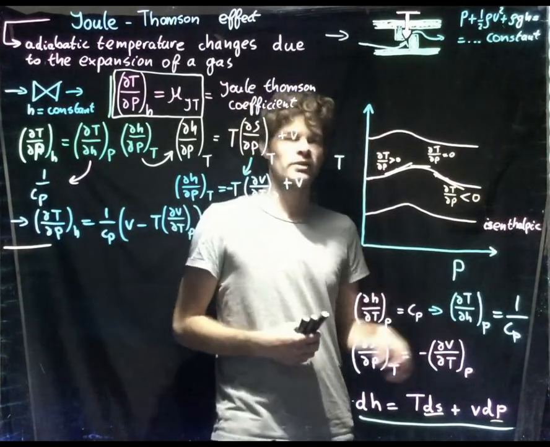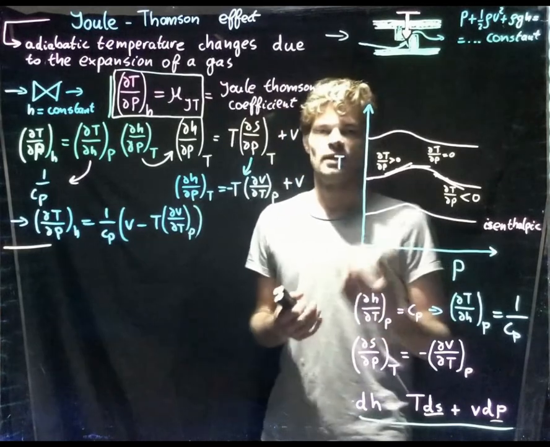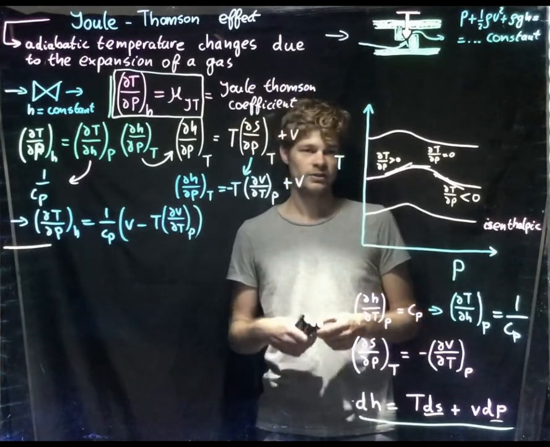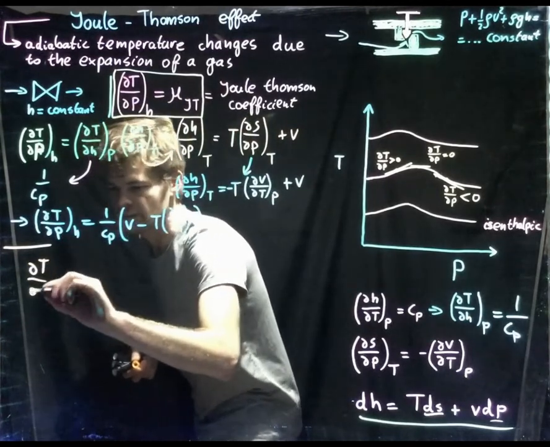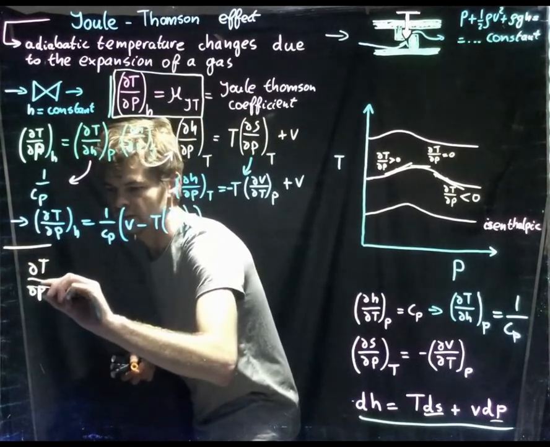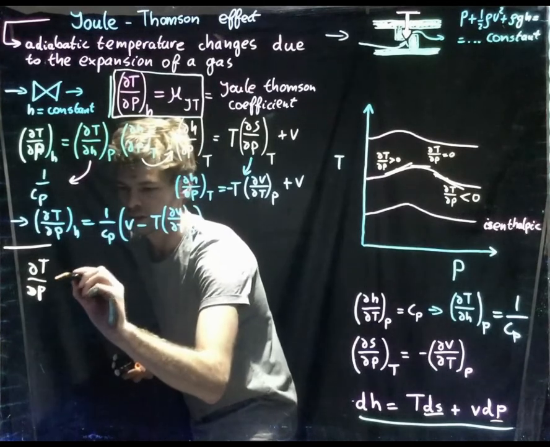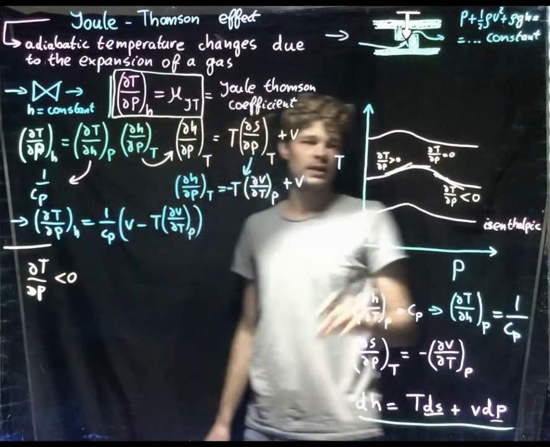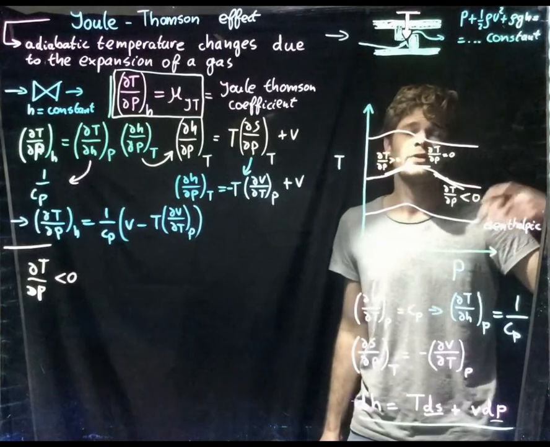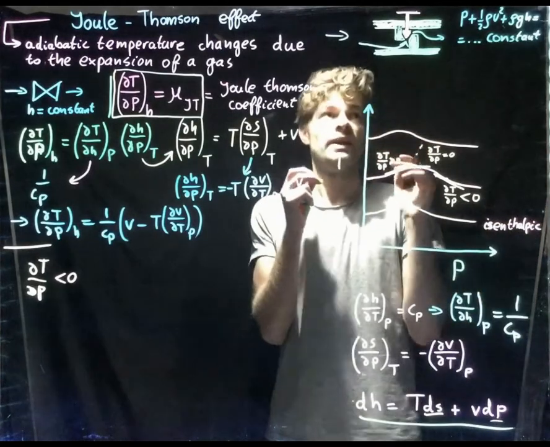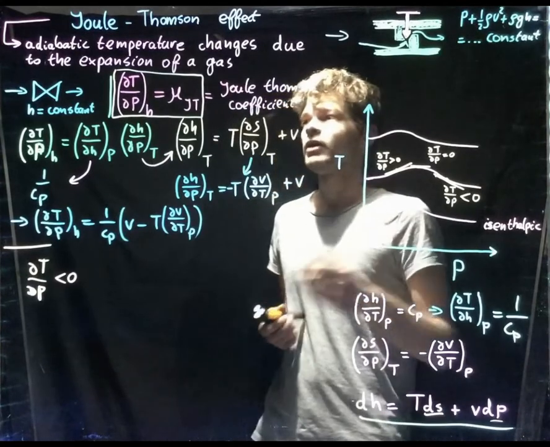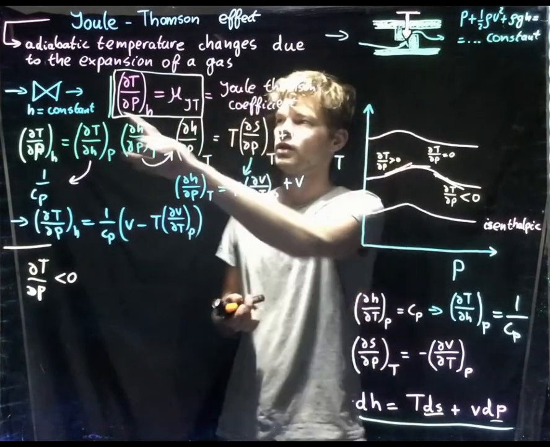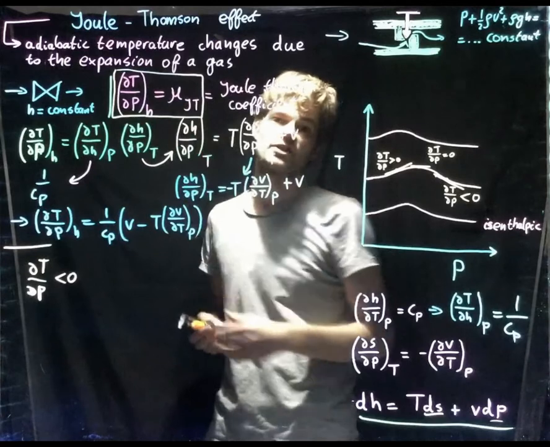Okay, now we need to take care of the behavior of these things. Because what happens if dT/dP is smaller than 0? Well, let's assume we're talking about a nozzle or a throttling valve, we always go from a high pressure to a low pressure. So there's always expansion going on.